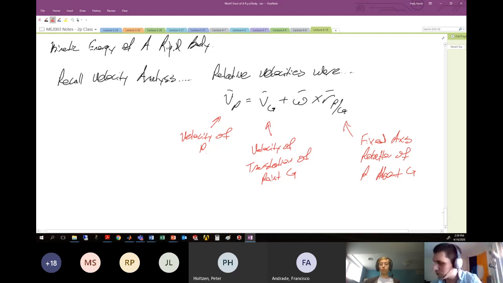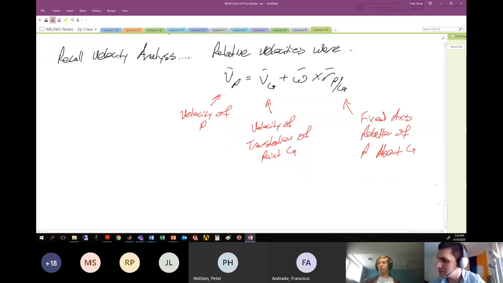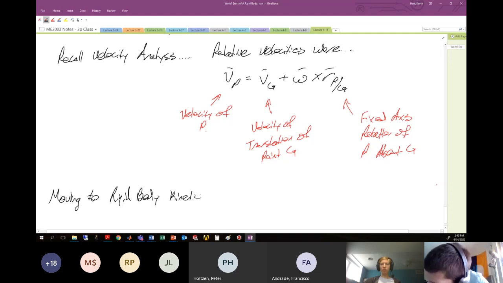All right, so moving to rigid body kinetic energy.